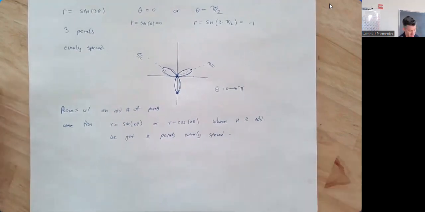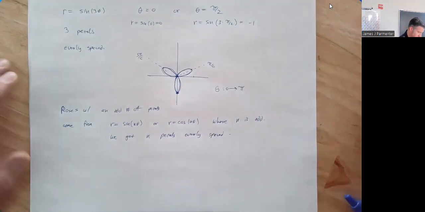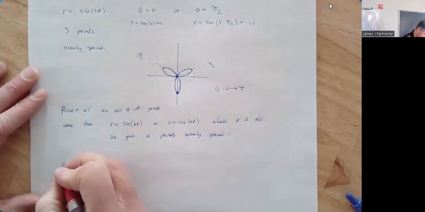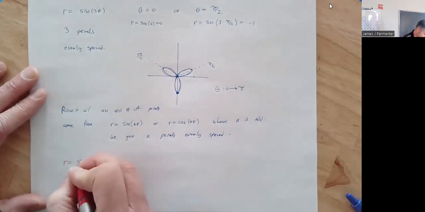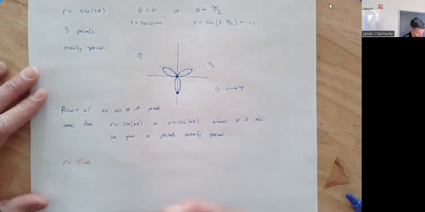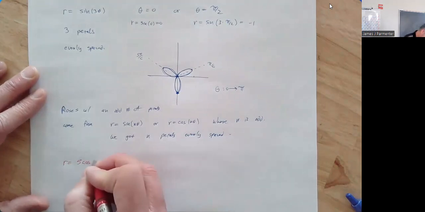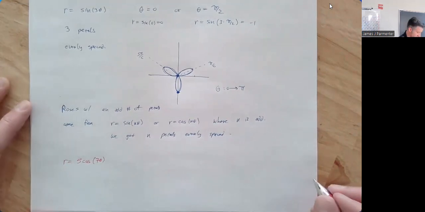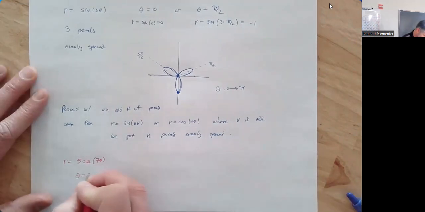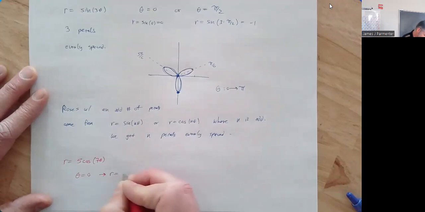So just for example, which I'm not going to draw, if I was going to graph r equal to 5 cosine of 7 theta, I would start by letting theta equal 0. That gives me r equal to 5 times 1.